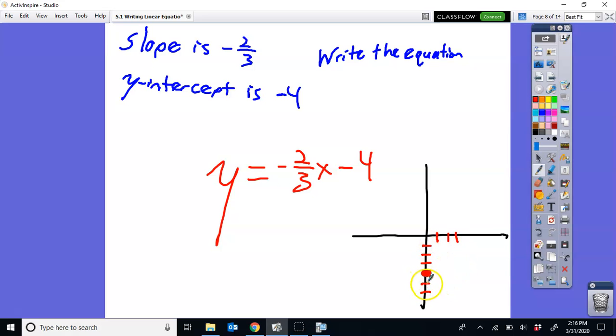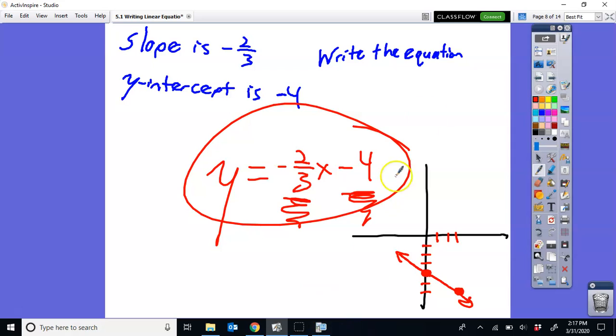So I would go down 1, 2, over 1, 2, 3. That would be where my next point is. And then I could connect my dots and make my line. So that's what this line is. So anytime you know the slope and you know the y-intercept, you know the equation. And so that's what you're going to be looking for. That's what you're going to have to do on quizzes and your test.